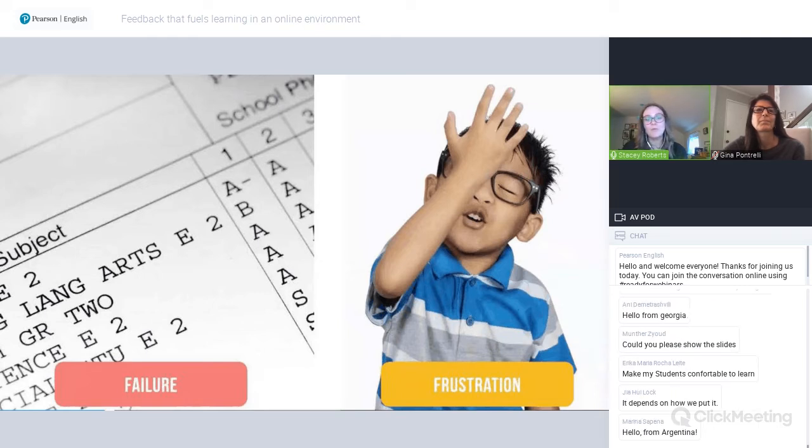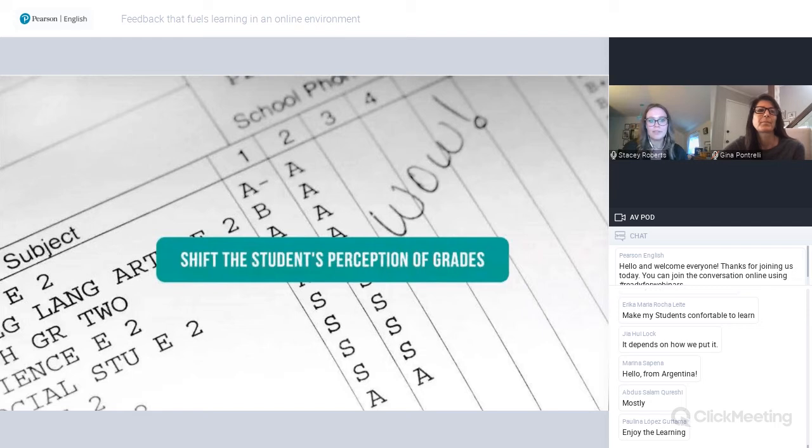However, when feedback is associated with a grade, that's where the feelings of failure and frustration can begin to build. So an idea to help with those emotions is to shift the student's perception of grades.